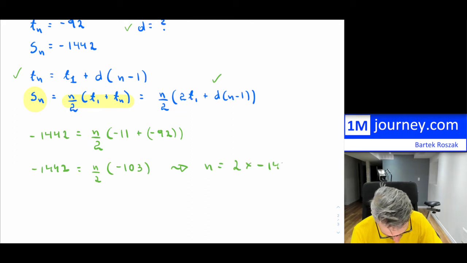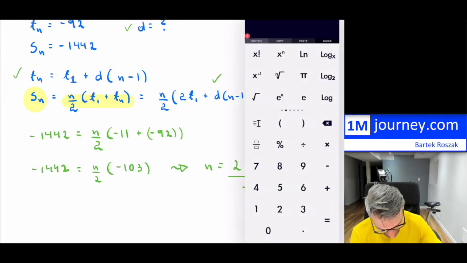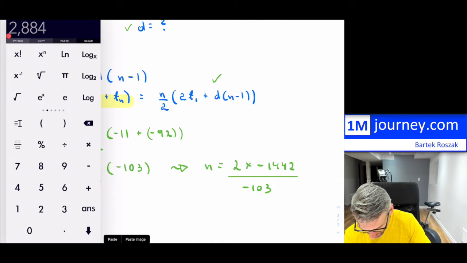So it's going to be this divided by -103. Let's see what that gives us. 2 multiplied by 1442, the negatives will cancel, so I'm just going to get rid of them. So that's that divided by 103, which is 28.